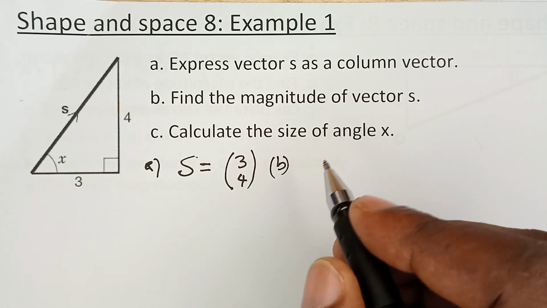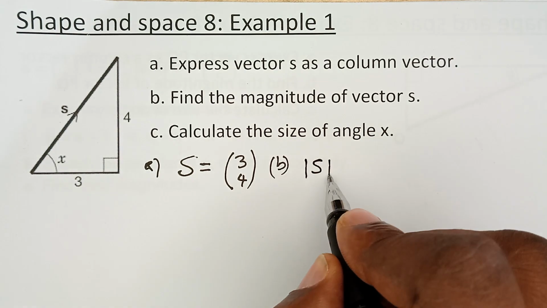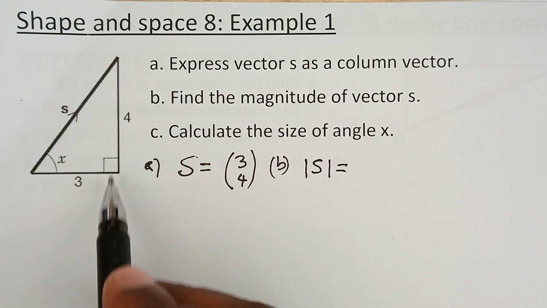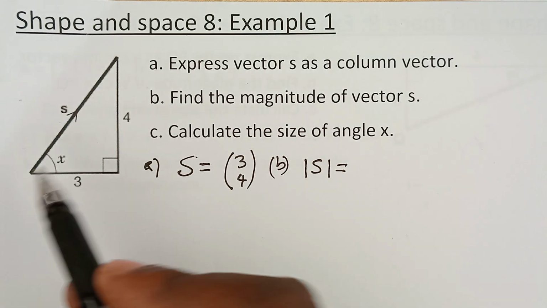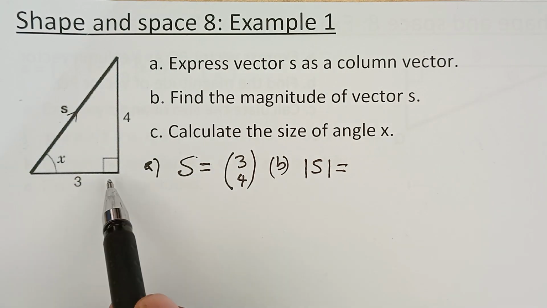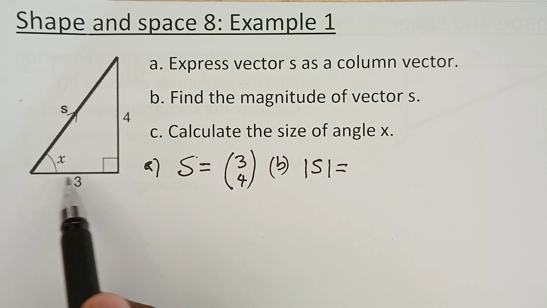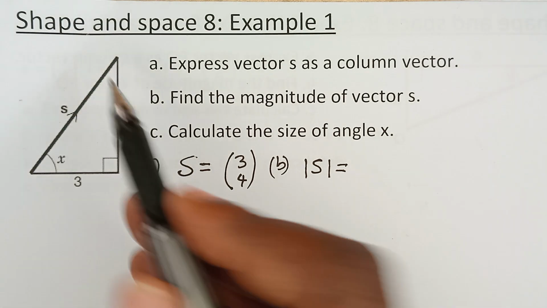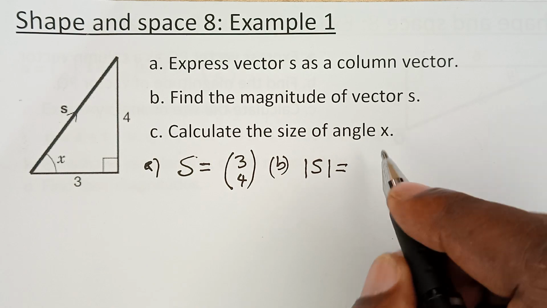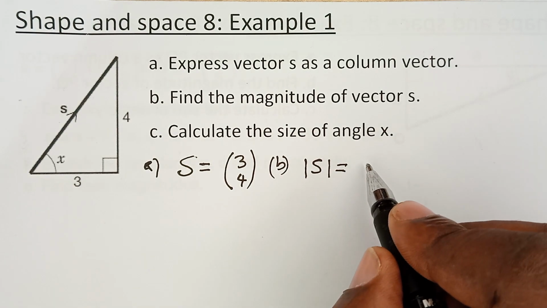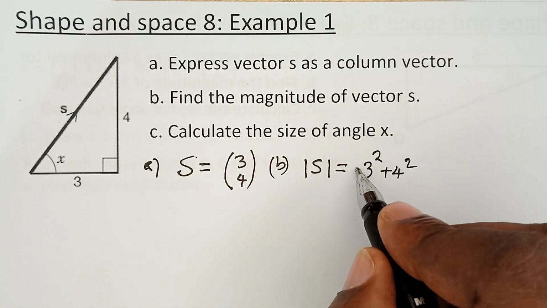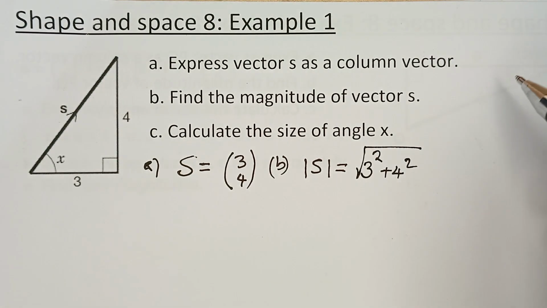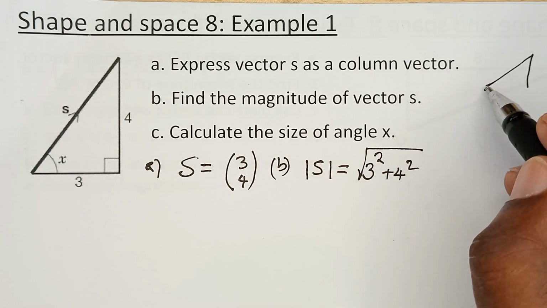Now, the magnitude of vector S, which is S magnitude, we have a right angle triangle, and we can easily use the Pythagorean or Pythagoras theorem and say the size of vector S is actually contributed by the x-axis displacement and the y-axis displacement, meaning that it is the square root of 3 squared plus 4 squared, because basically we know what Pythagoras theorem states.